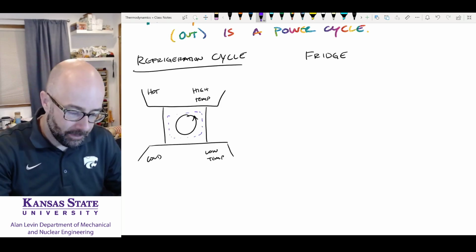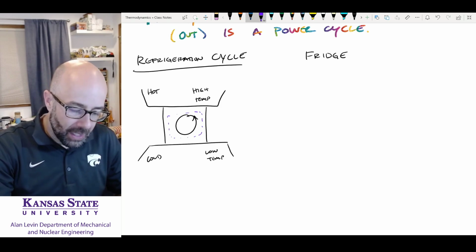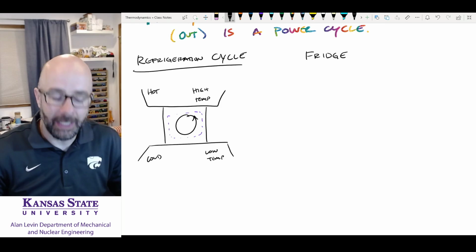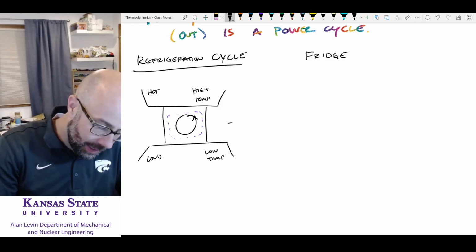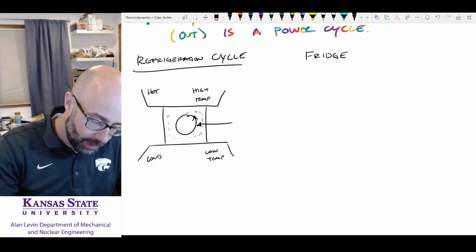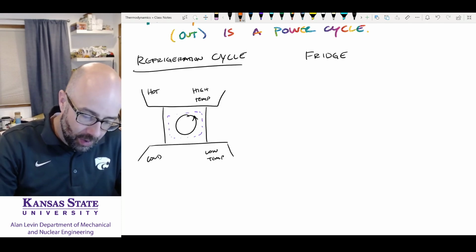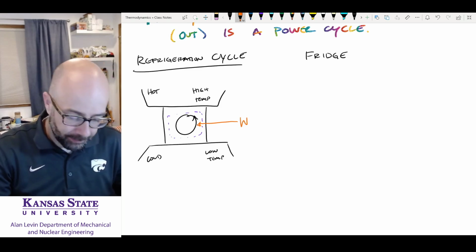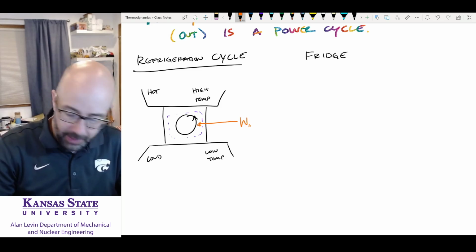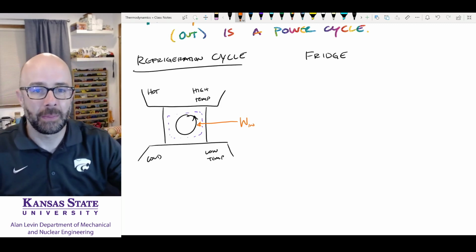Well, here's what's happening. For a refrigeration cycle, we have to plug that refrigeration cycle in. Okay, so we're now going to be adding in, let me change my colors here, some power or some work, okay, work to our system.